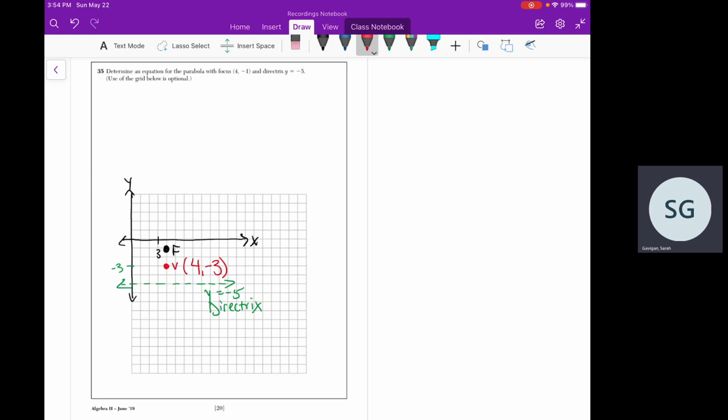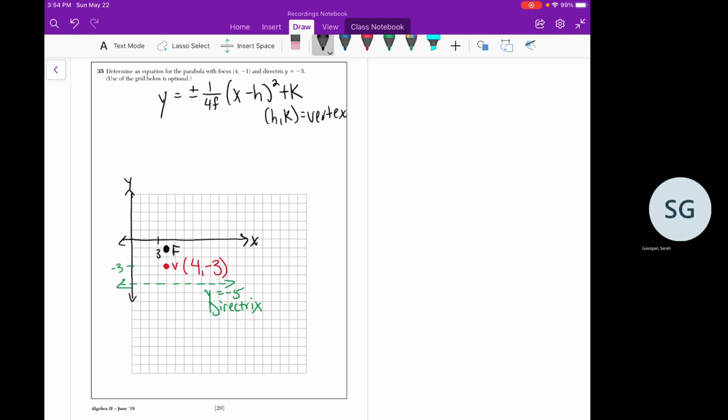Now, your formula, you do have to memorize this formula. It's y equals plus or minus, it's happy or sad, 1 over 4f or 4p, whatever you call that, times (x minus h) squared plus k. (h, k) is the vertex of your parabola.